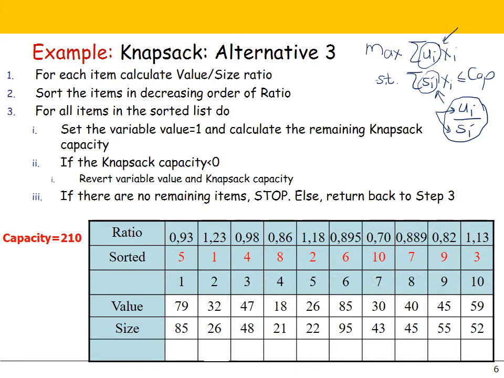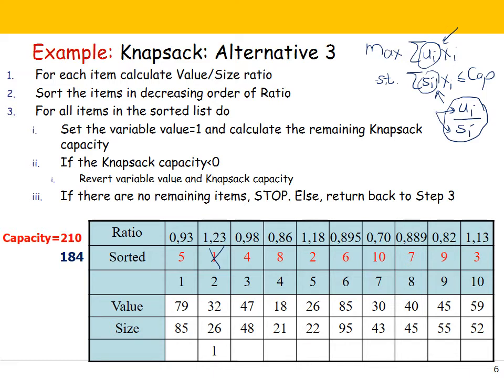We make this value equal to 1, and then we calculate the remaining capacity. 210 was our initial capacity, and the size of this item is 26. So we make this subtraction and find the remaining capacity, which is 184. So we place this item.